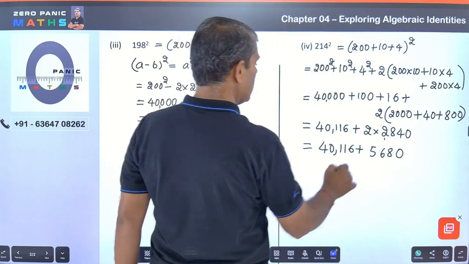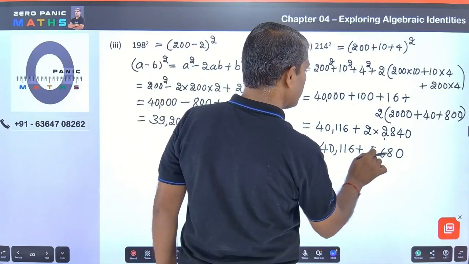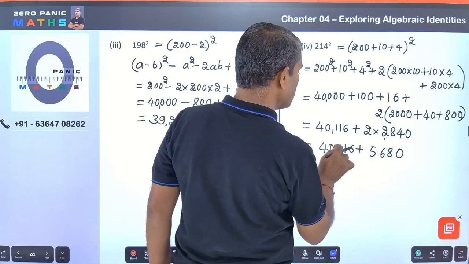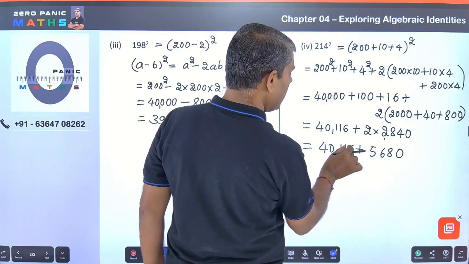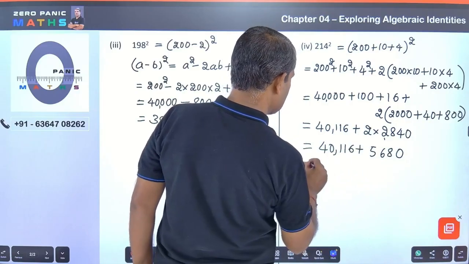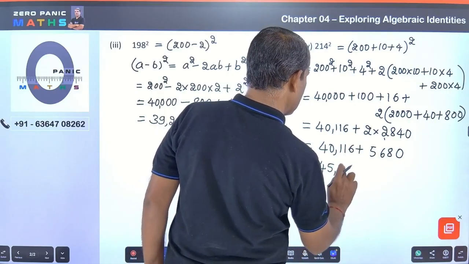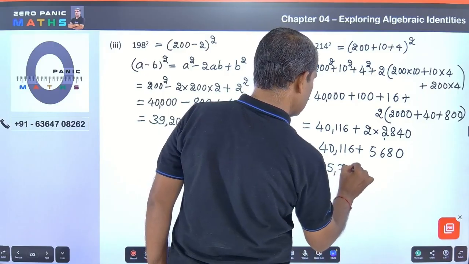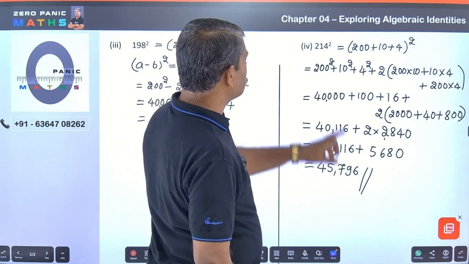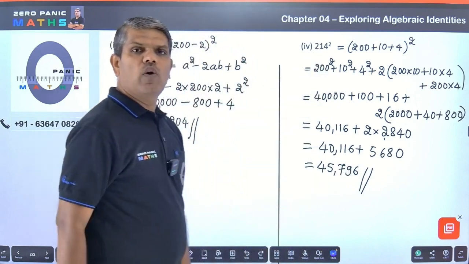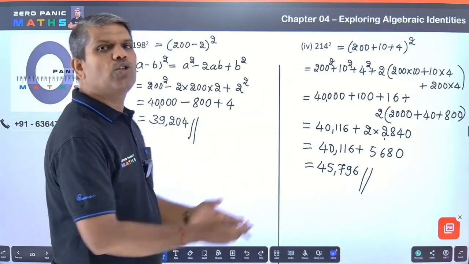So 40,000 and 5,000 is 45,000, then 45,780, 796. So it will be 45,796, which is the square of 214, which you may get by multiplying 214 by 214 itself.